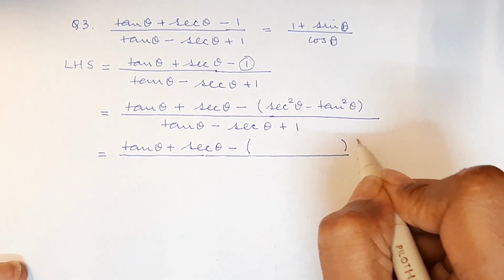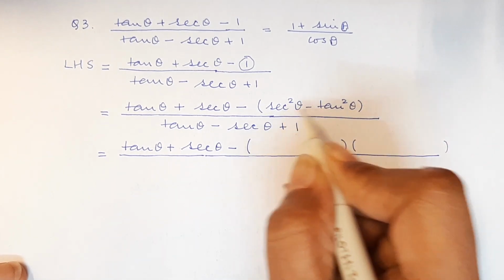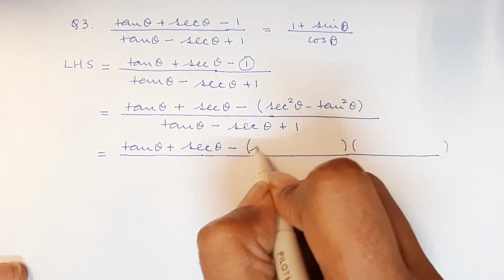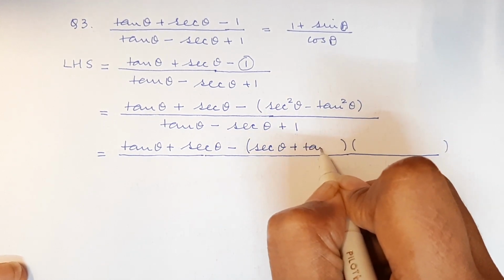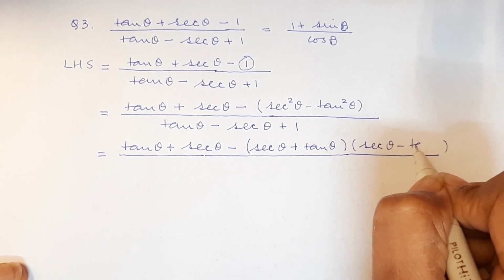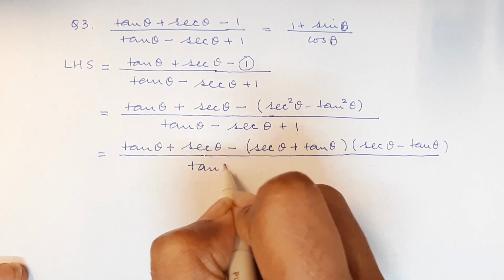So we will write the two factors. What would be our two factors? Sec theta plus tan theta and sec theta minus tan theta, upon the denominator as it is.